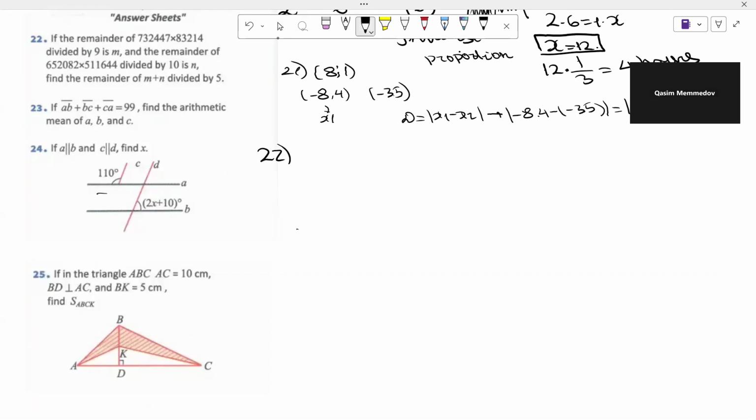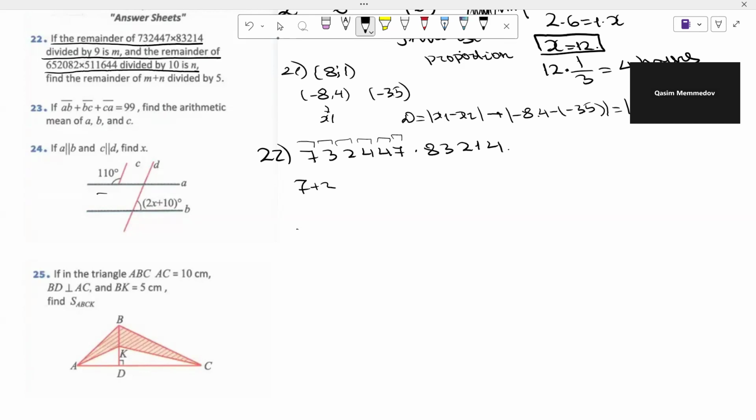If the remainder of this number divided by 9 is m and the remainder of this divided by 10 is n. Okay, firstly, dividing by 9: if the sum of all the digits in the number is divisible by 9, this number must be divisible by 9. Okay, let's check. First is 7 plus 3 plus 2 plus 4 plus 4 plus 7.